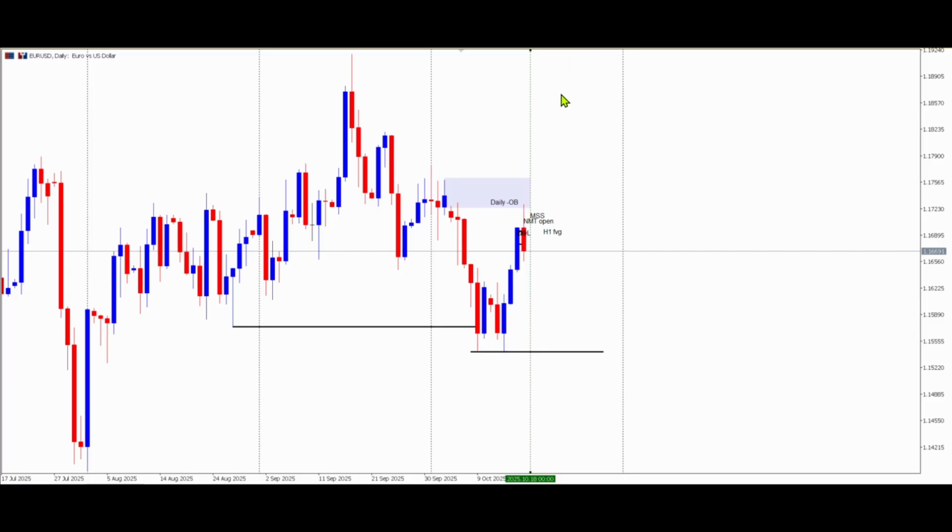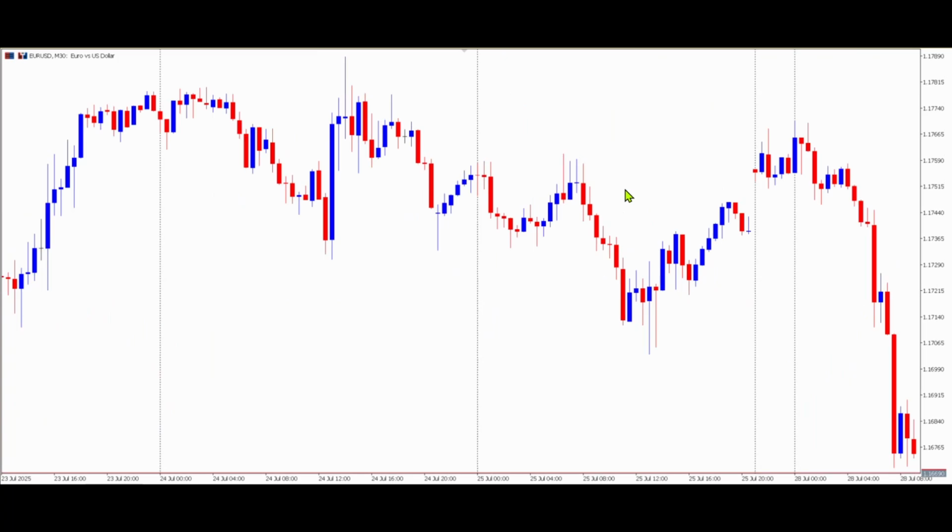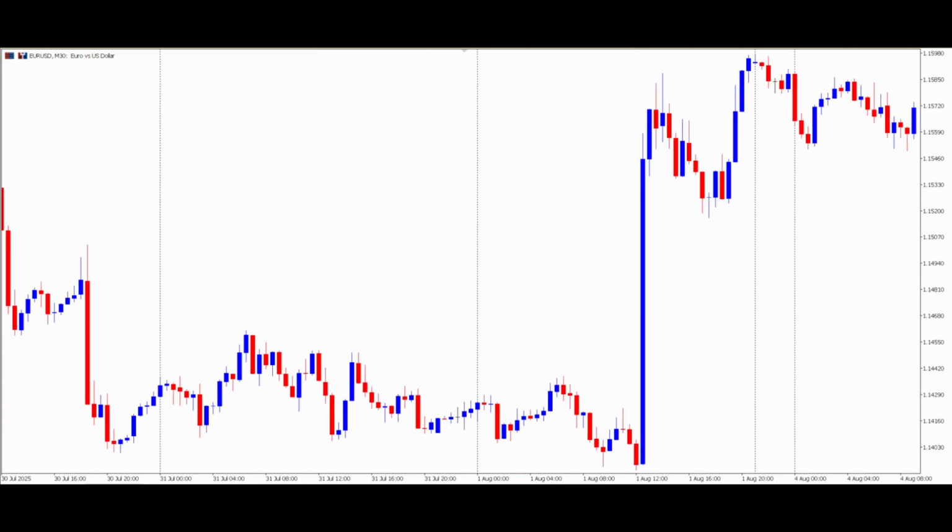So let's switch to smaller time frames and see how you could have caught this trade just like me. Alright, 30-minute time frame, that's where I spotted a nice setup.